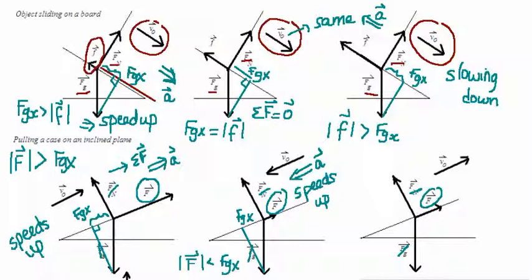Last one. So again, I tried to carefully draw my triangle. This is not the best. I'm going to try to do a better one. So this is my Fgx.